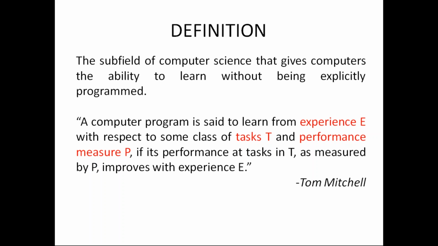A computer program is said to learn from experience E with respect to some class of tasks T and performance measure P, if its performance at task T, as measured by P, improves with experience E.